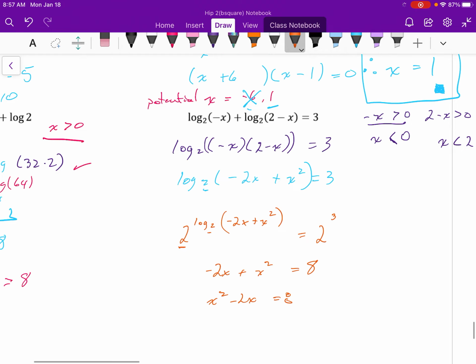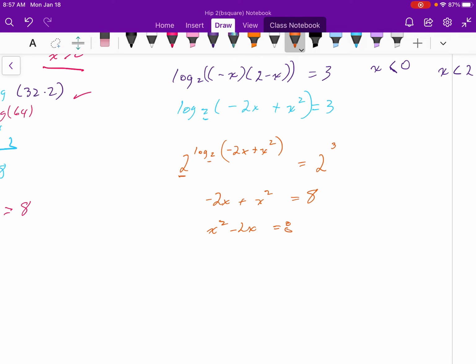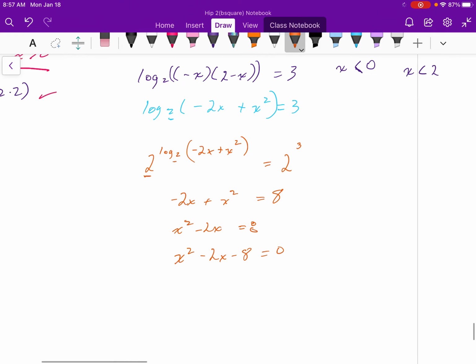And I'm just going to mess around with this. So x squared minus 2x is equal to 8. I reorganized the left-hand side. It's something I'm more familiar with. I'm going to subtract 8 from both sides. There we have it. Now, these restrictions are going to be very, very tricky. I know they are.